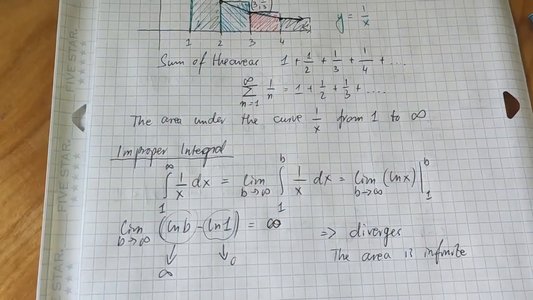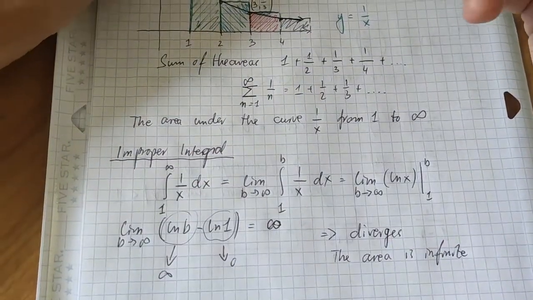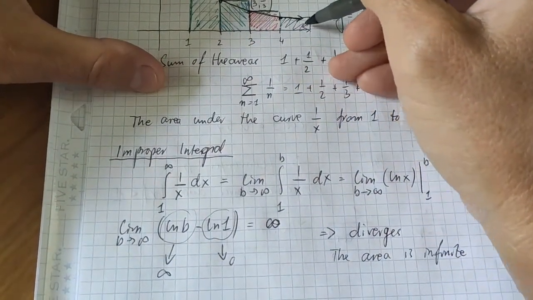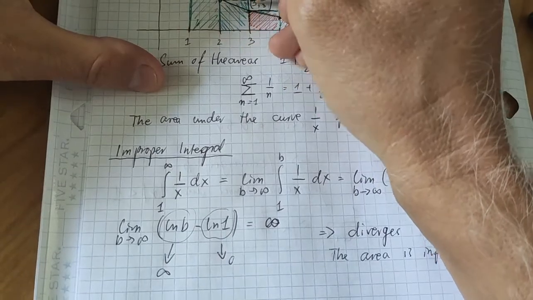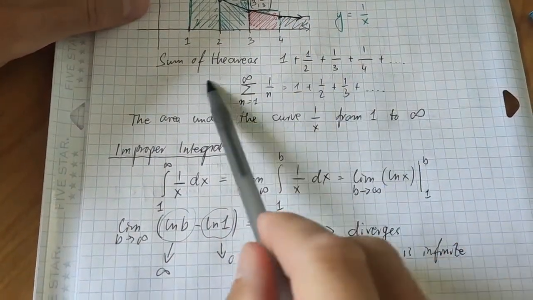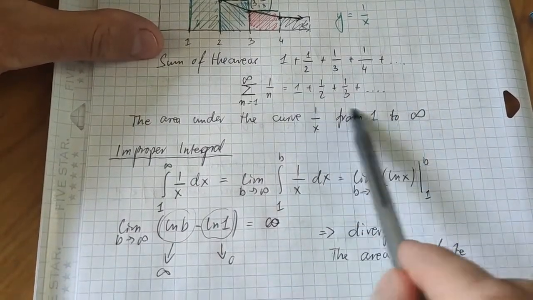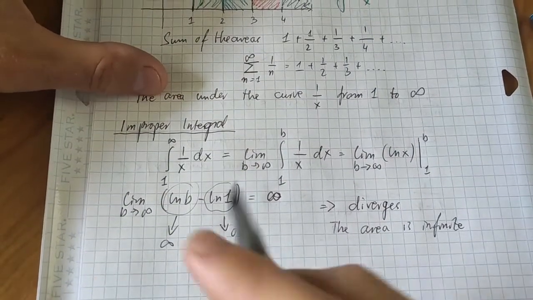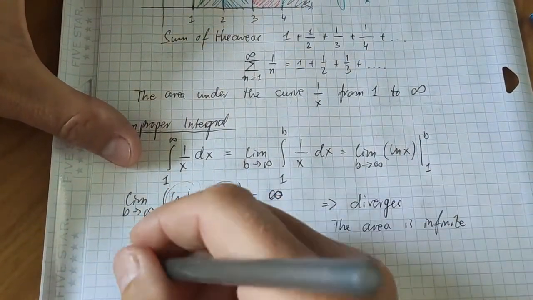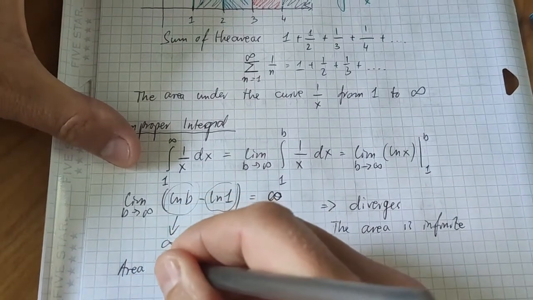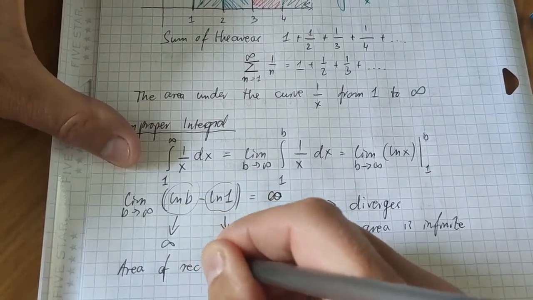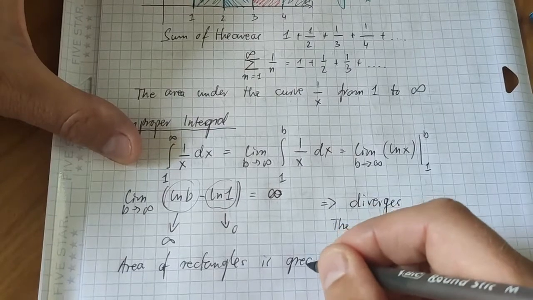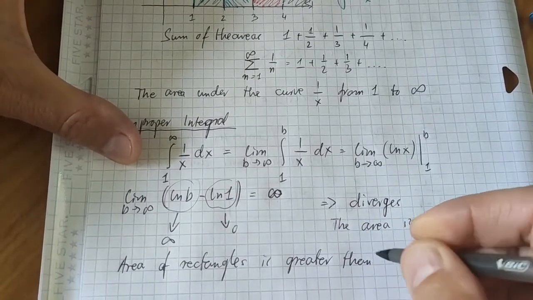And since the area of the region under the curve is smaller than the area of those rectangles, we can also conclude that this series, or the sum of those terms, also diverges. Okay, so let's write it down. Area of rectangles is greater than the area under the curve.